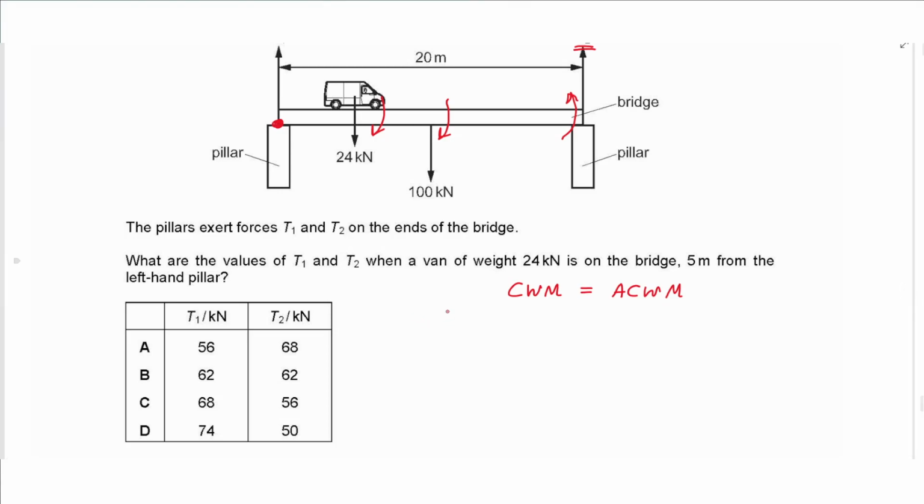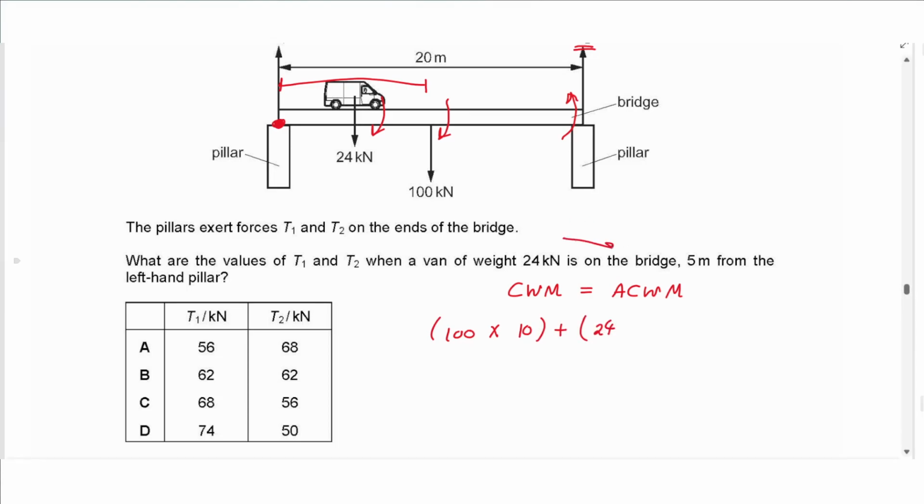So we have the 100 kilonewton and the distance from that point. This is a uniform beam, so this distance is half the length of the whole bridge. It's 10 meters, so 100 times 10. That's one of the clockwise moments. And the other force, 24 kilonewtons.